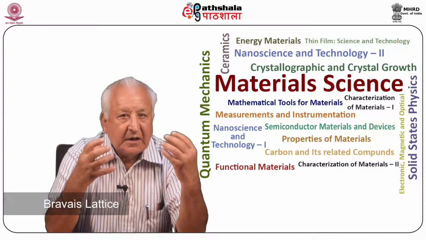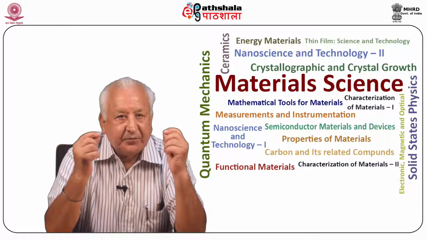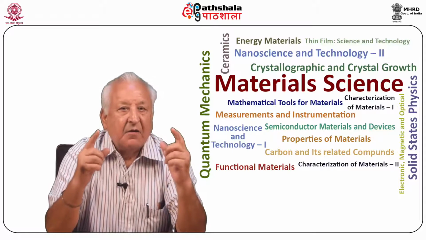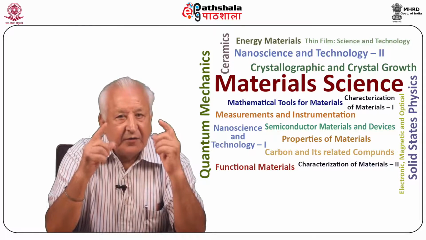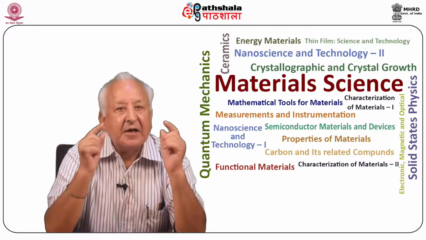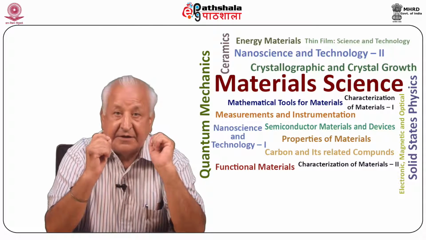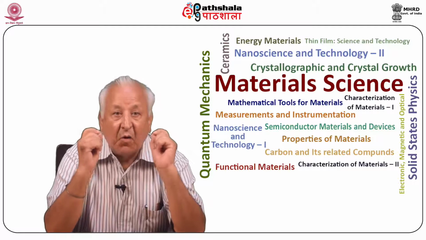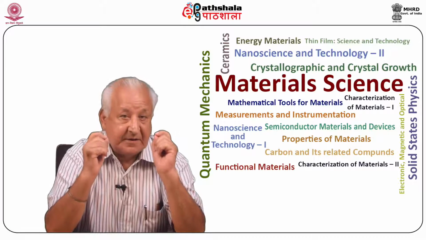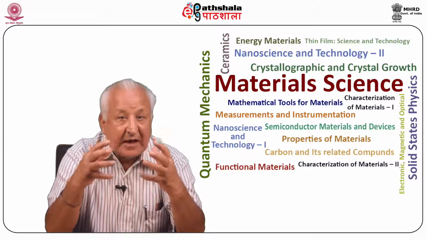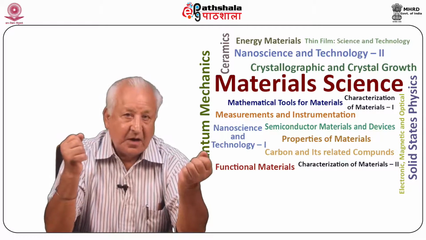A Bravais lattice is a lattice of points in space which is formed by repeating fundamental units with atoms replaced by points. There are 14 ways of arranging points in space lattices such that all the lattice points have exactly the same surroundings.